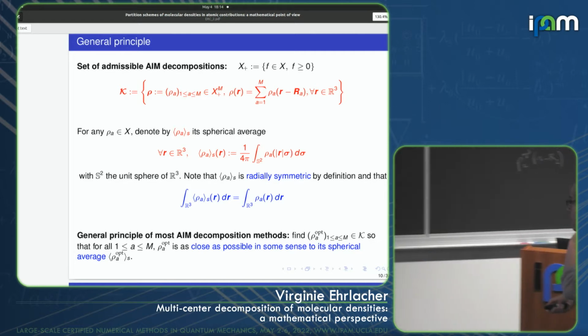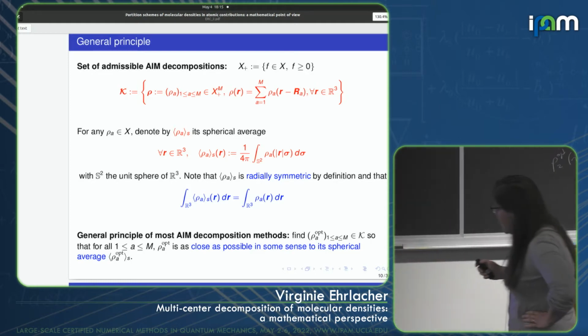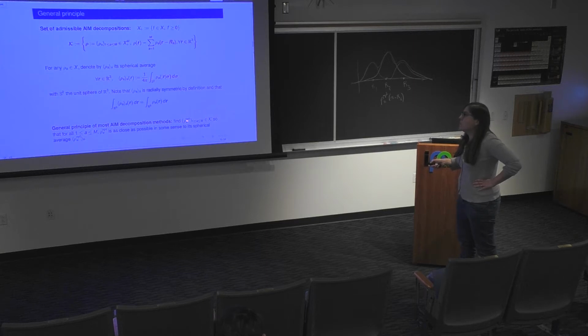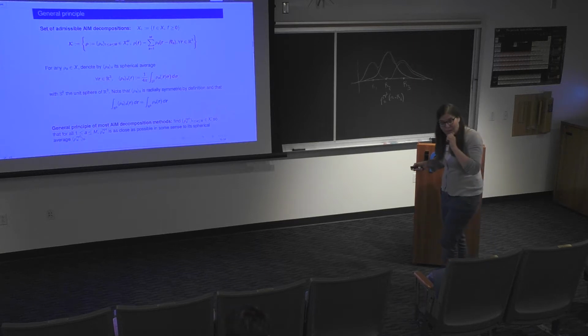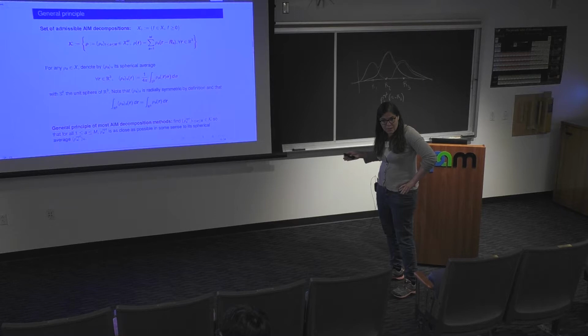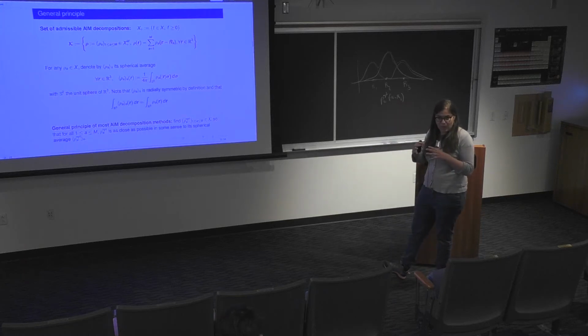So what's the general principle of most AIM decomposition methods? The optimality criterion that will be used in order to define these local atomic contributions in an AIM decomposition will be the following. We are going to try to make these rho A opt as close as possible, in some sense, to their spherical averages. Remember, you want these local atomic contributions to be localized around zero as much as possible.